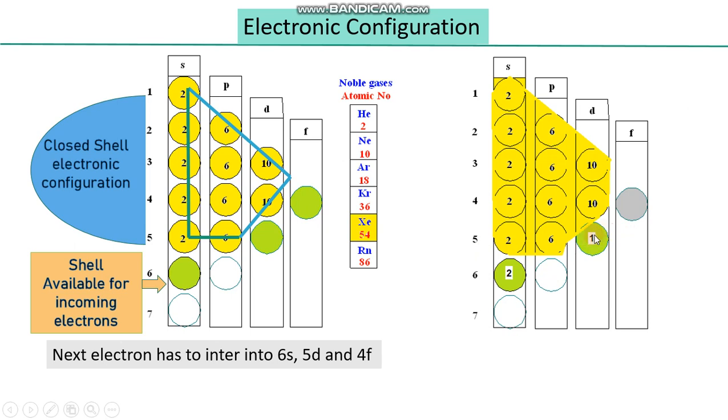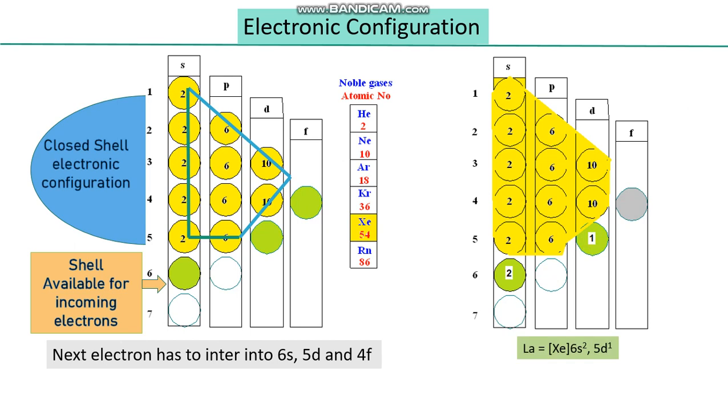The electron can occupy 5d or can occupy 4f because they are too close to each other, but in order to justify the chemical reactivity of lanthanum, this electron has been accommodated in d, not f, and that is why lanthanum is out of the series. That is not an F block element, but a D block element.